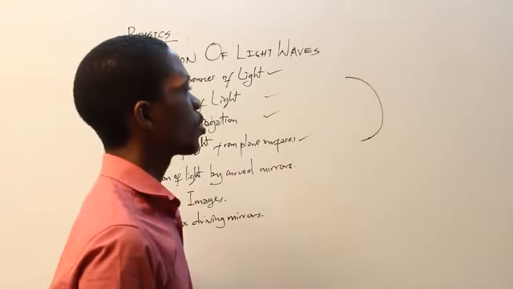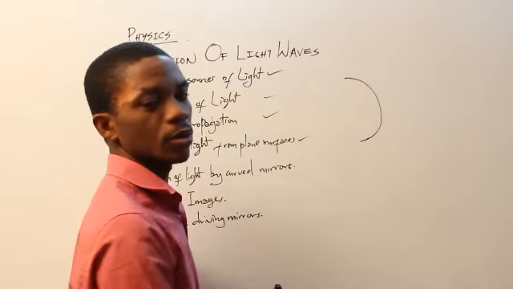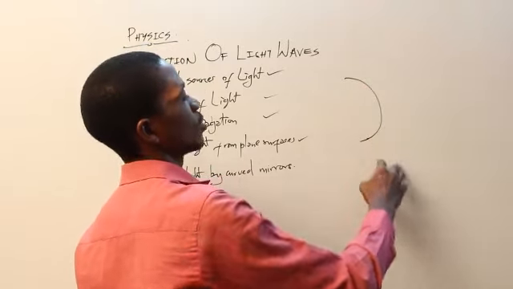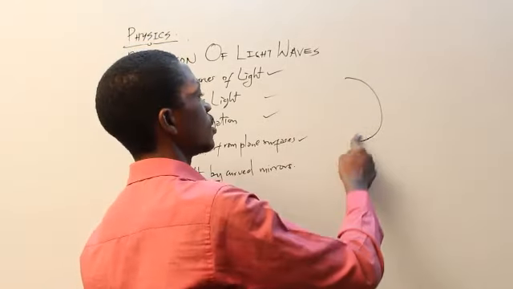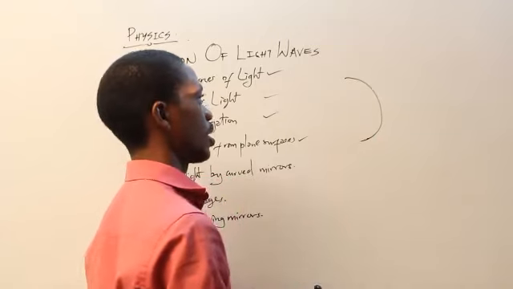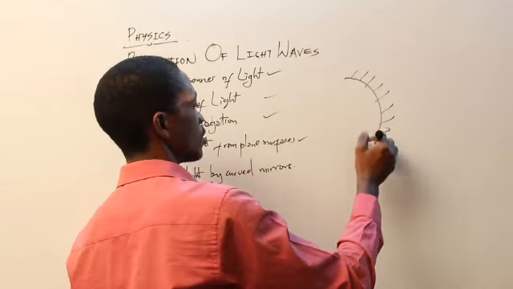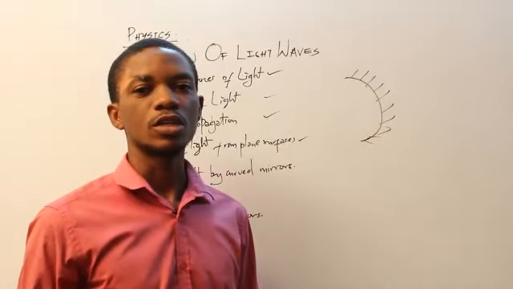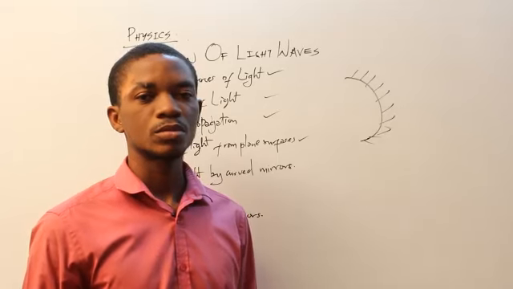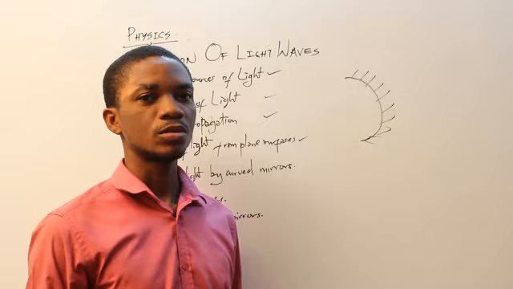So it can be coated inside and it can be coated outside. When you coat it outside, a concave mirror is formed.